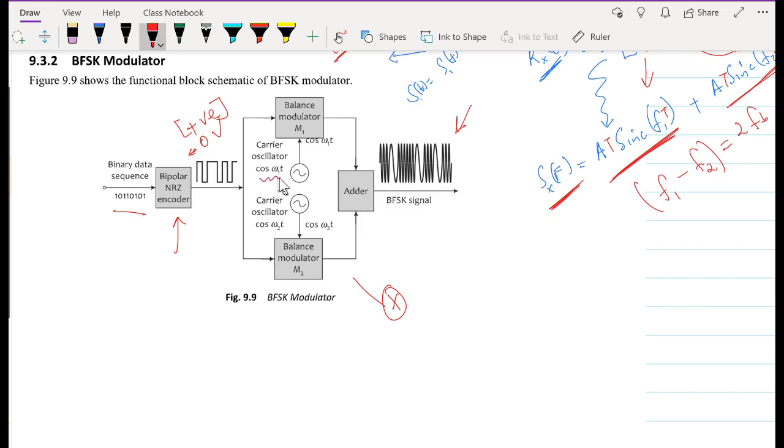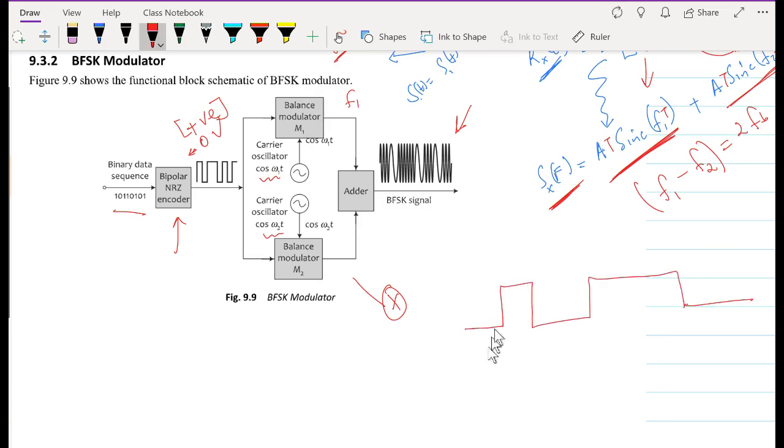One of them is generating frequency at omega 1, and the other carrier oscillator is generating a carrier signal that is centered at omega 2. So the top one will produce F1.